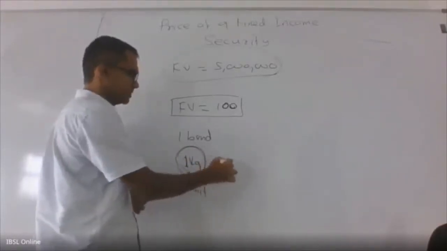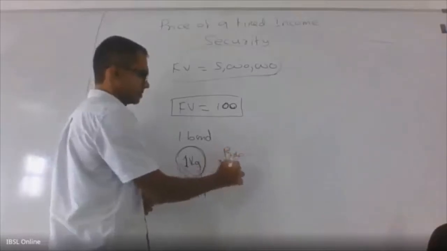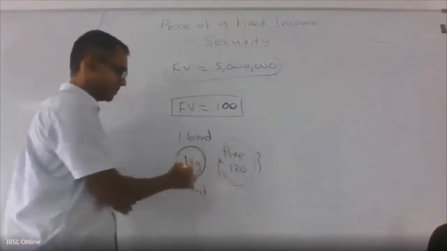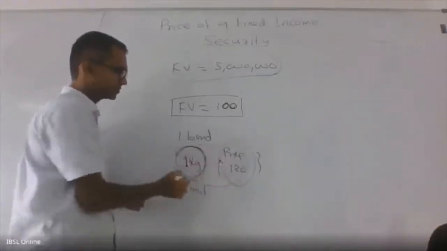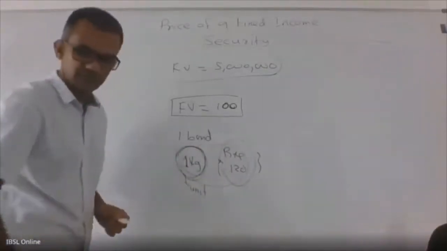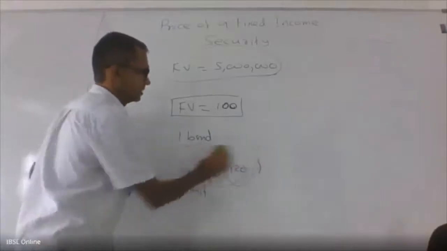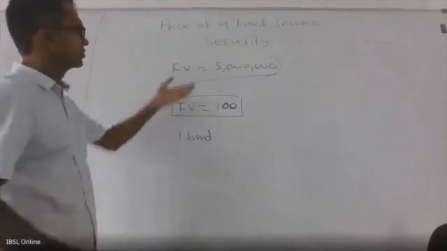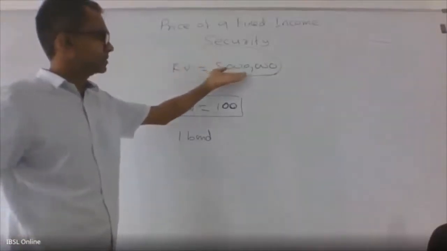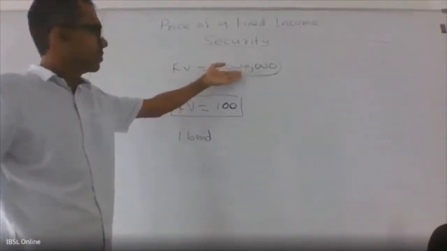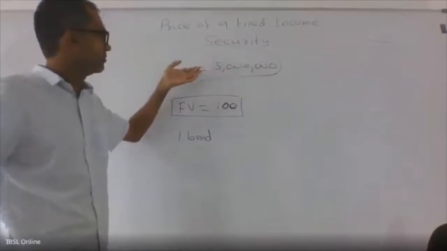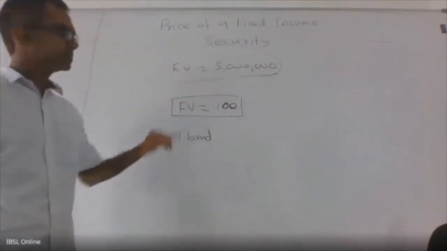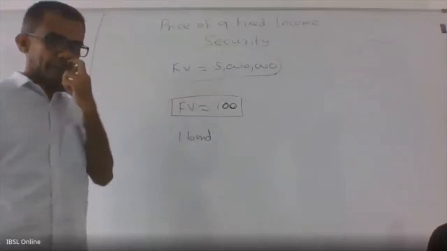If the price is 120, this is the price of 1 kilo, 1 unit. Likewise, even though we said they issue 5 million worth of bonds, that is face value is 5 million, the number of bonds is not 5 million.